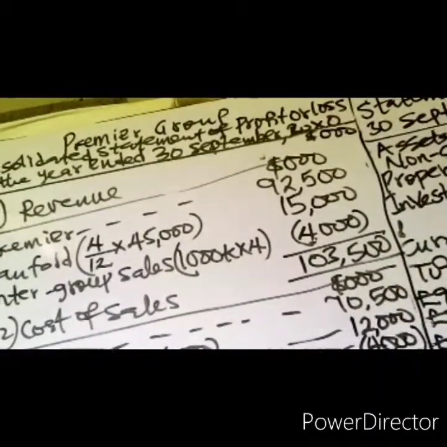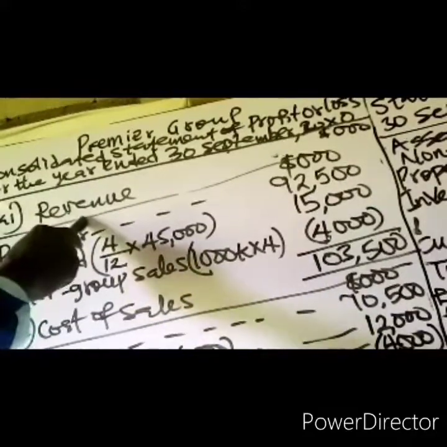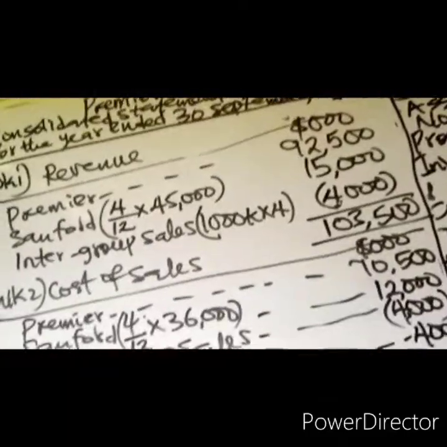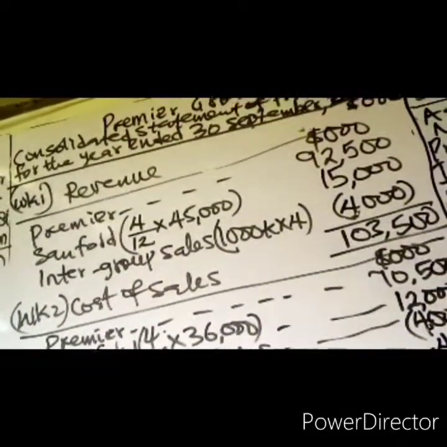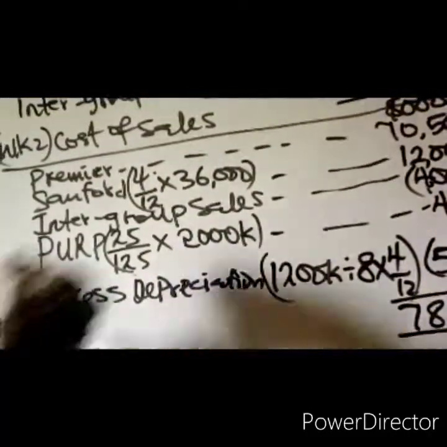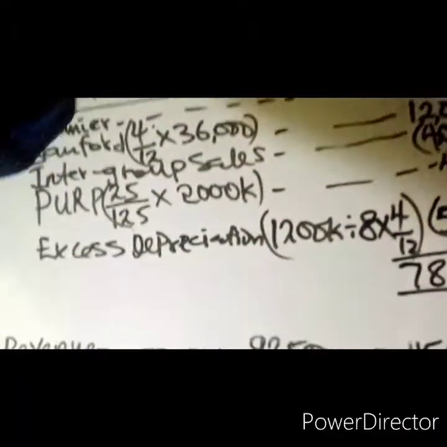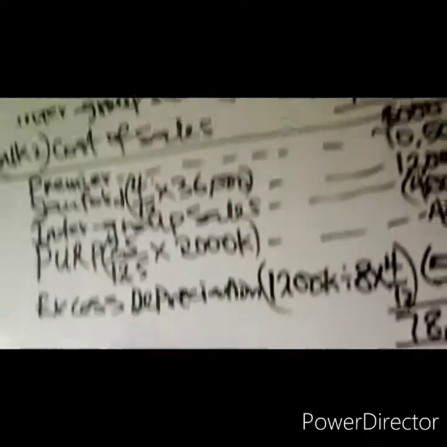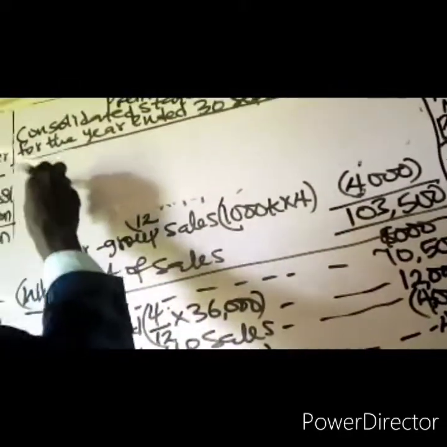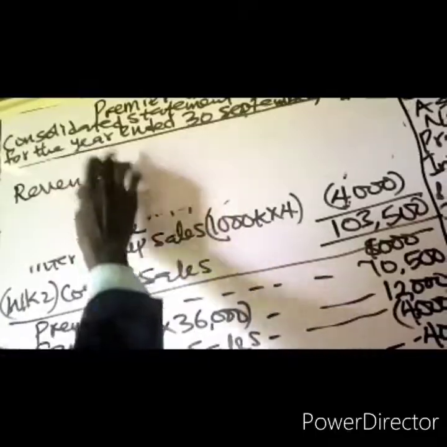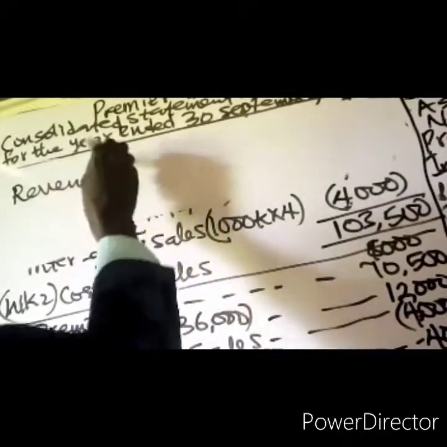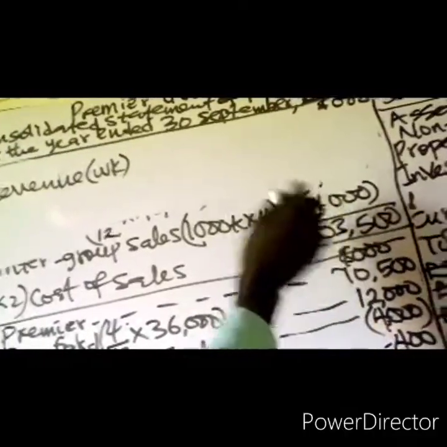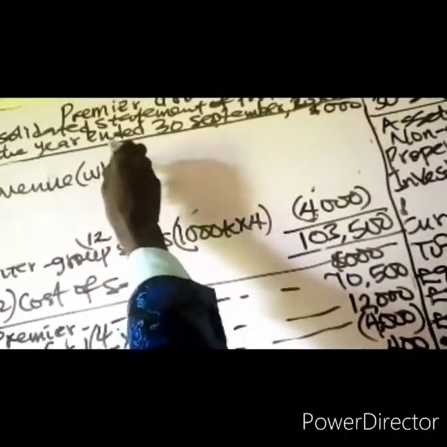The first item should be revenue as calculated in working 1. We have revenue from working 1, and our revenue is 103,500.